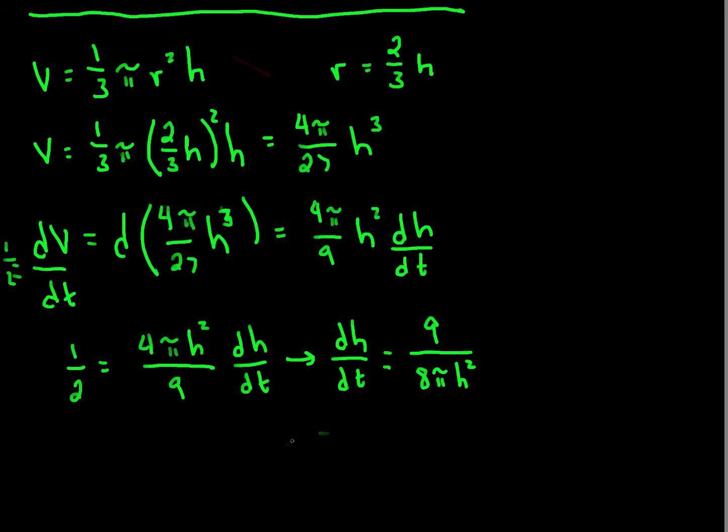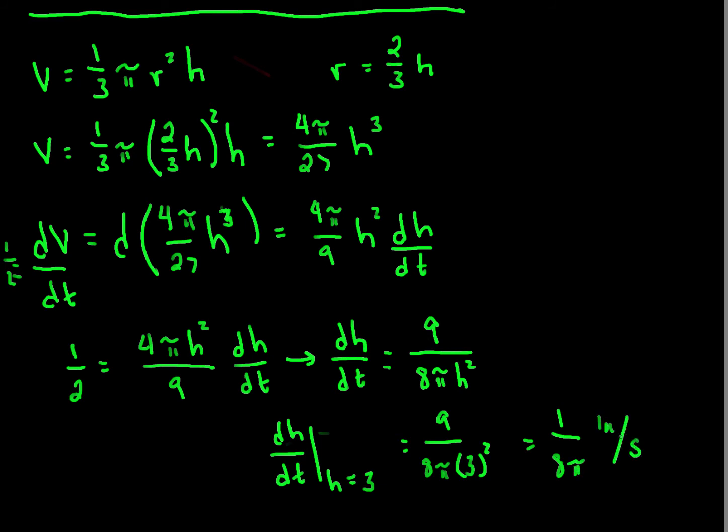And so dh/dt, when h is equal to 3, would be equal to 9 over 8 pi times 3 squared, which is 9, and we get 1 over 8 pi inches per second. So same answer, that's good. Means that that's a good double check.